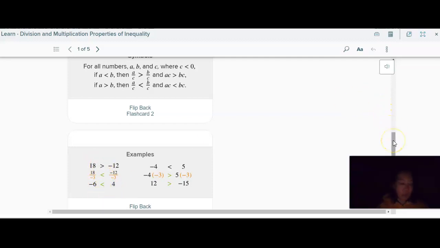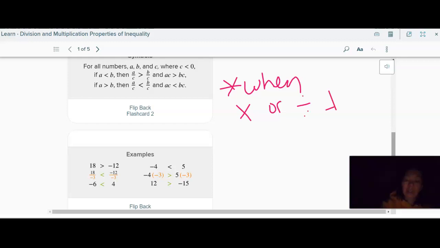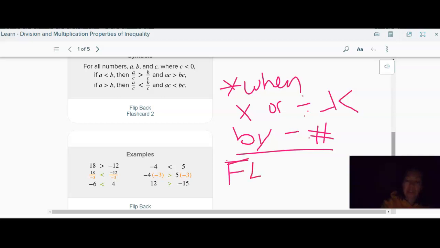So this is one new thing that is very important to note: when you multiply or divide an inequality by a negative number, flip the symbol.